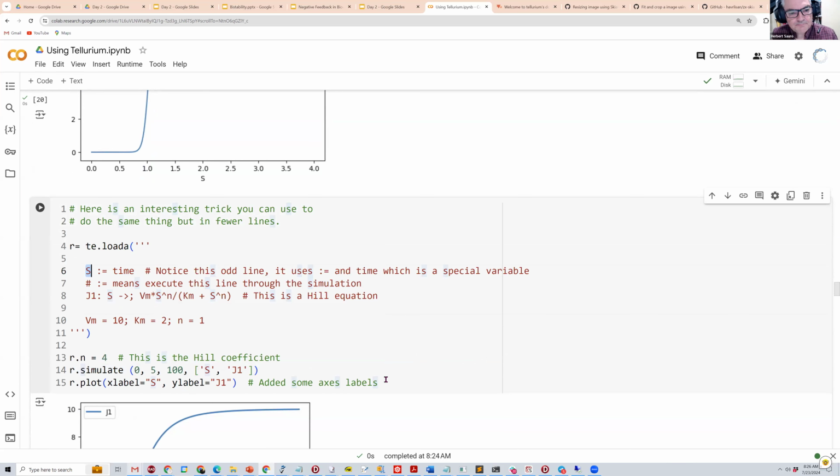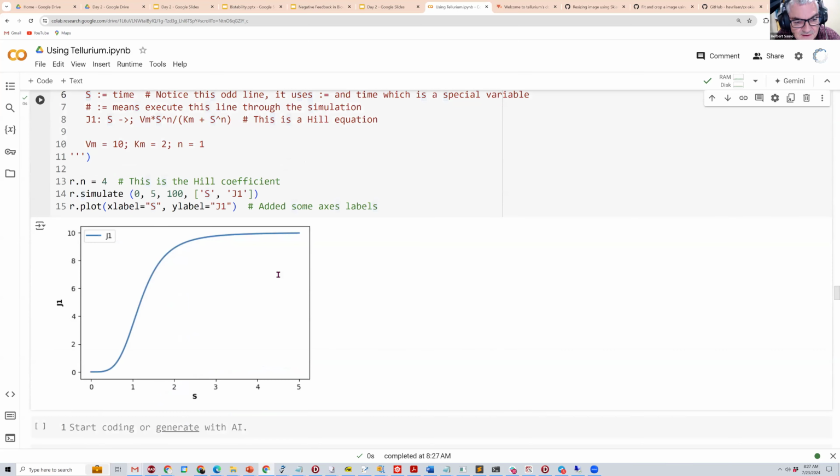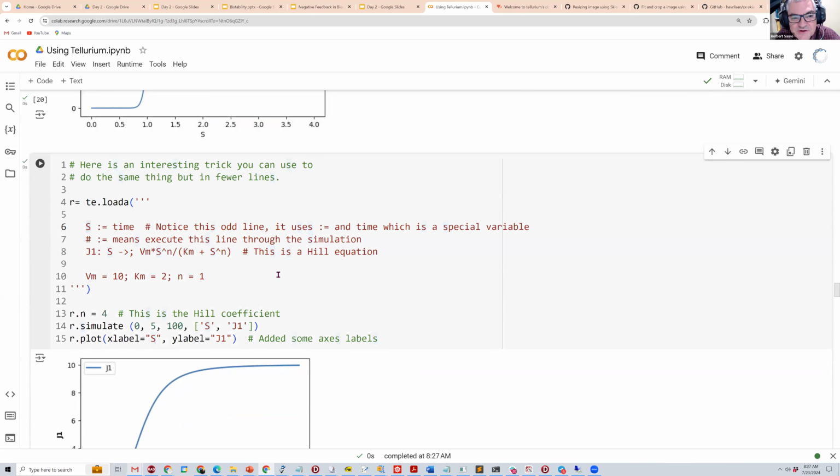And I don't want to plot time itself this time. I want to plot S. So I'm going to use a selection list to plot S on the x-axis and then J1 on the y-axis. Plot takes arguments too. It'll let me add a label. I'll do that. And if I run it, I get the same plot. So this is a bit of a trick.